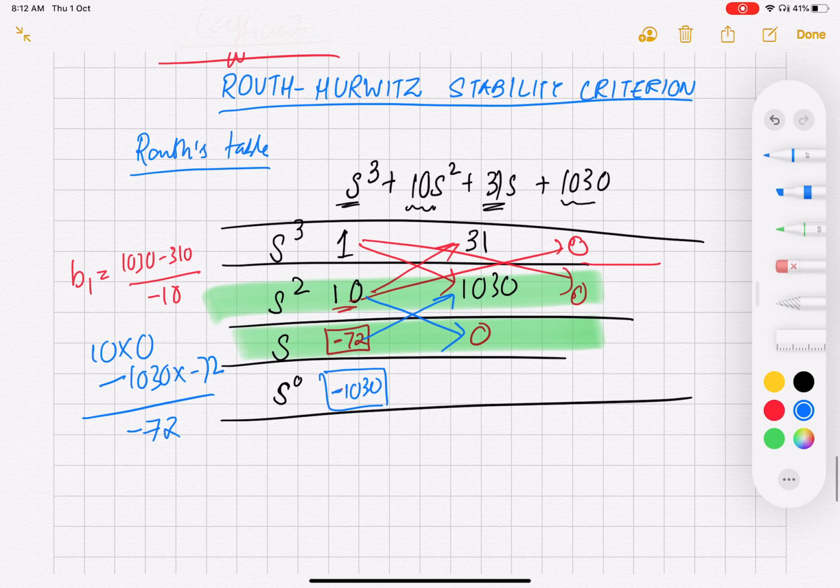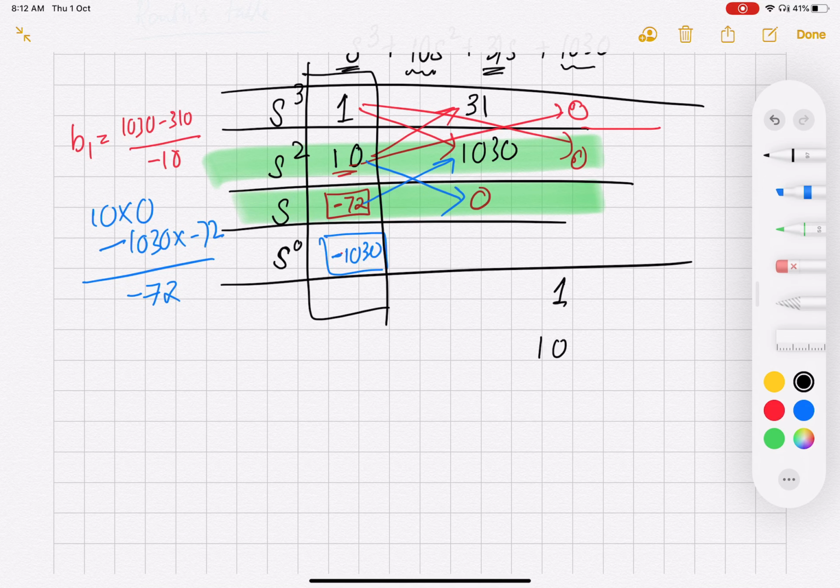Now we look at the number of sign changes in the first column. That is the criteria. So we look at the first column, and the first column is 1, 10, minus 72, and minus 1030. And we look at the number of sign changes in the first column.